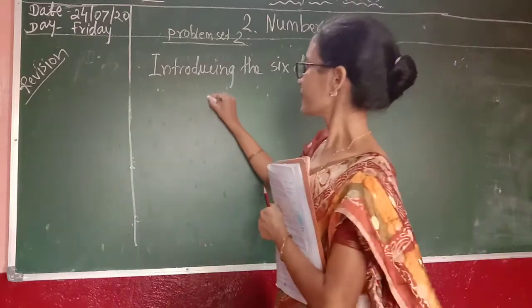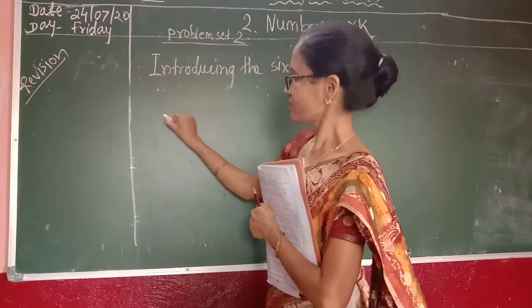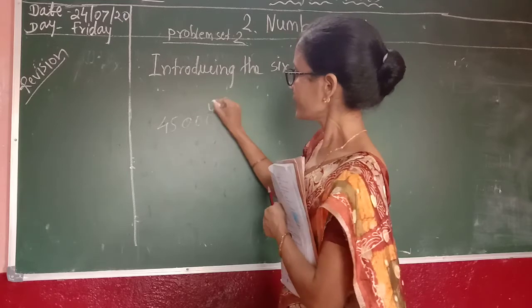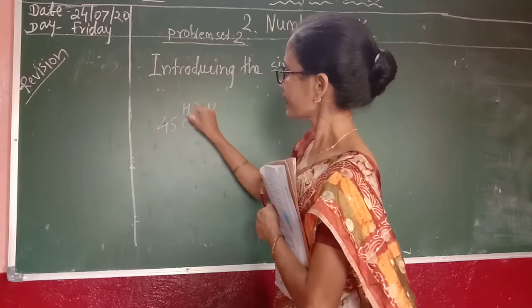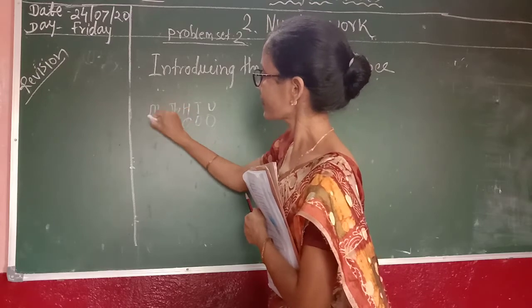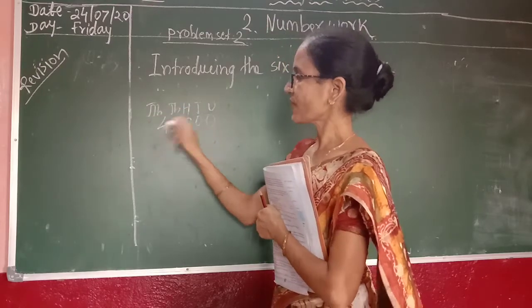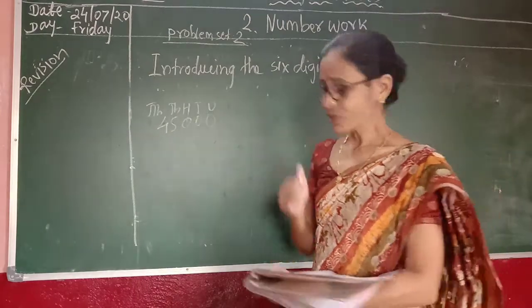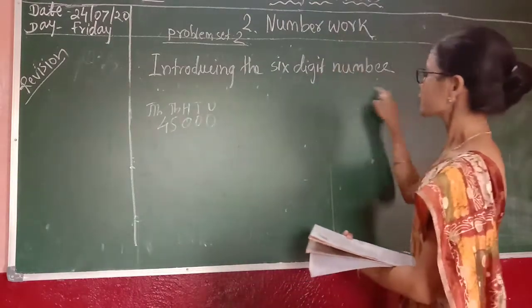Learn, that is 1000, 45,000. That means you need 10, 100, 1000 and 10,000. Okay, 1, 2, 3, 4, 5 digits. Now we are going to learn what is the 6-digit number.